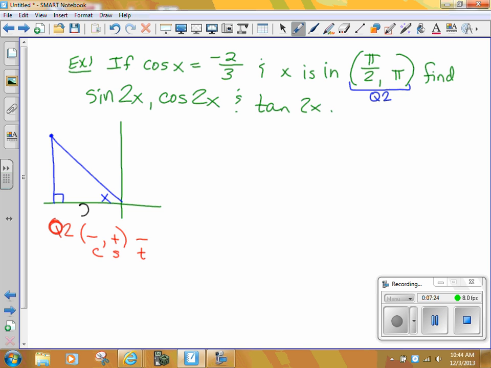I can't have a negative distance, so my adjacent is 2 and my hypotenuse is 3. I have to use the Pythagorean equation to find that third side. Hypotenuse squared is equal to leg squared plus leg squared. 9 is equal to L squared plus 4. Do we have 5? So the leg is the square root of 5.